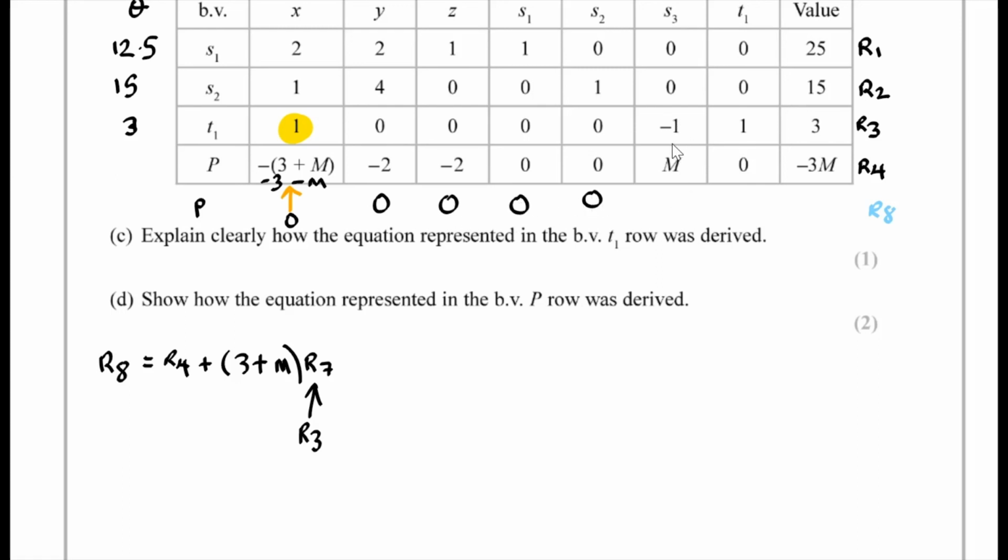Then here we have to be a bit careful. We have m plus 3 plus m times by minus 1, which is minus 3. And then here we have 0 plus 3 plus m lots of 1, which is 3 plus m. And then here we have minus 3m plus 3 lots of 3 plus m, which is 9.